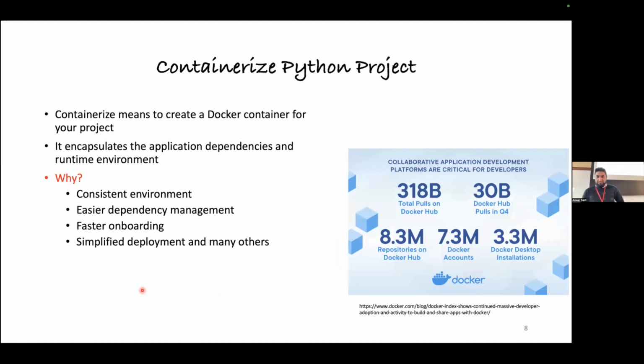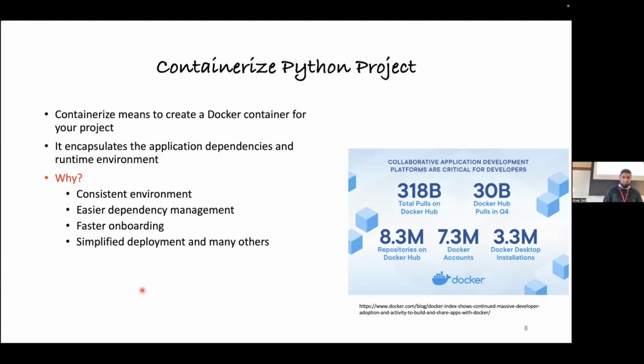The next portion is that we will try to containerize our Python package. If we have Python packages or complex projects that have many software dependencies, and they may follow different versions of software, then containerizing or dockerizing those projects provides an easy way to reproduce the results, and it encapsulates the application dependencies and runtime environment.